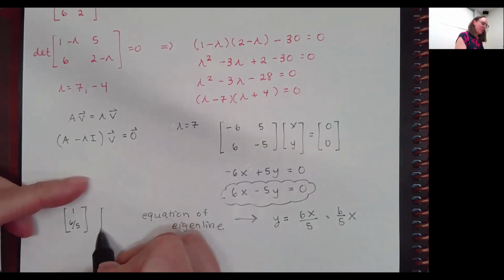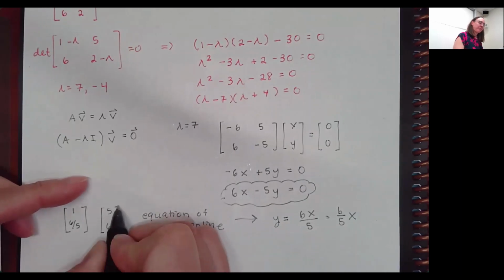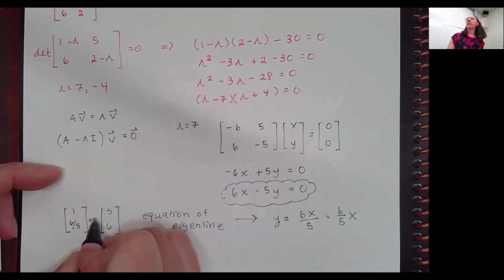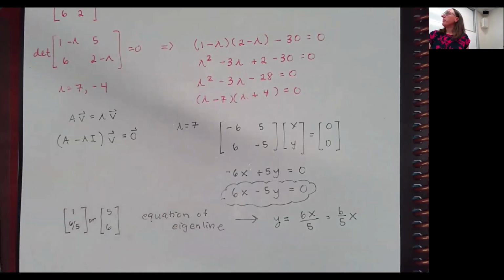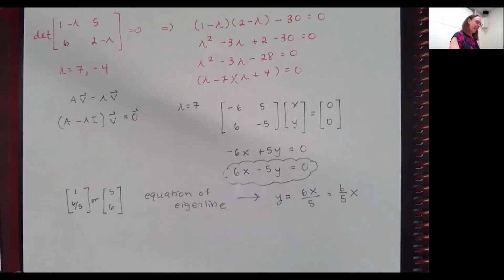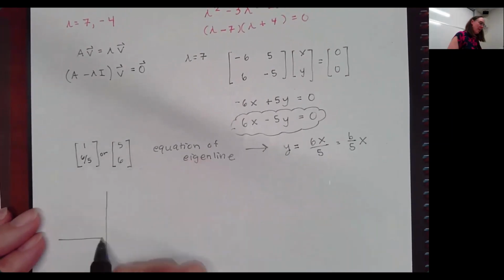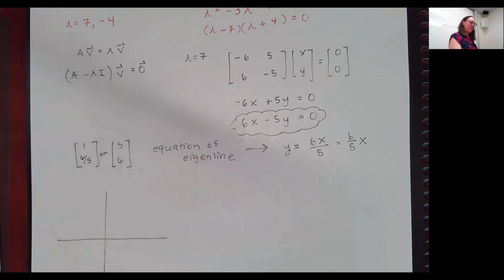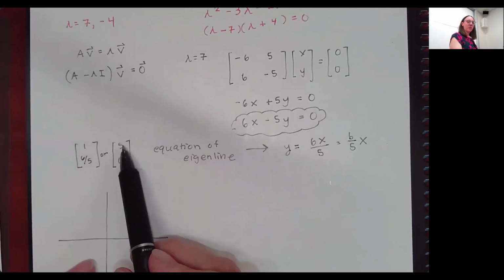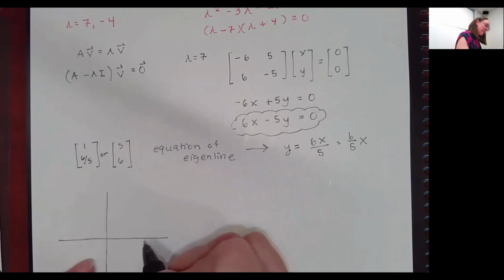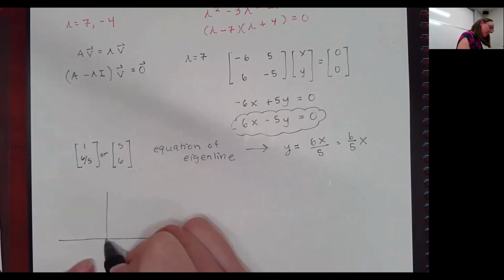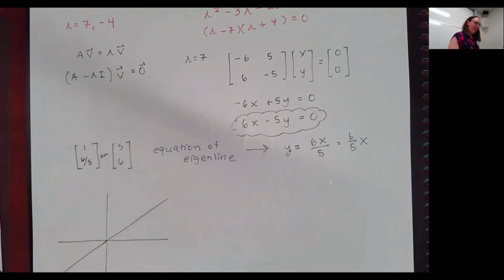So if I didn't want to choose fractions, I might choose 5, 6. The other reason that I kind of like not choosing fractions is that if I had to sketch that eigenline, now I really just have to think about the vector that moves 5 to the right and up 6. And put that eigenline in there.